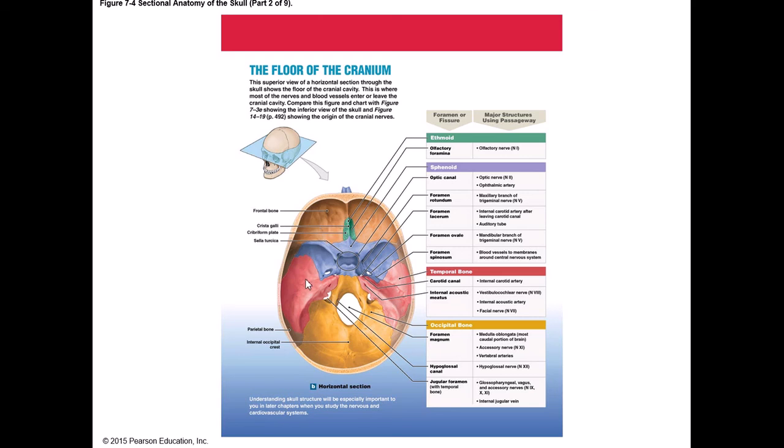Then if we drop down, this whole area here going across over to this side, all of this is the middle cranial floor. You'll actually see it's lower than the anterior cranial floor. It's actually like a step down. Then finally in here, all this is another step down. This is going to be called the posterior cranial floor.